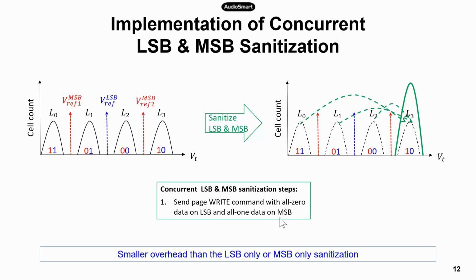So after we send this command, L0, L1, and L2 states will be moved to L3. Compared to LSB only and MSB only sanitization, this option, both LSB and MSB sanitization, gives us smaller overhead. And again, all of these sanitization options can be done without any privileged command.